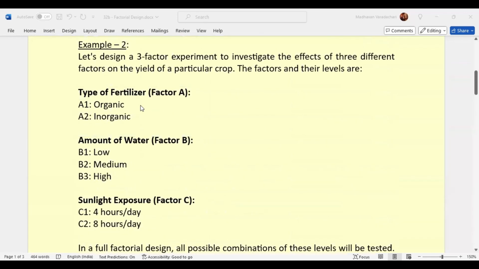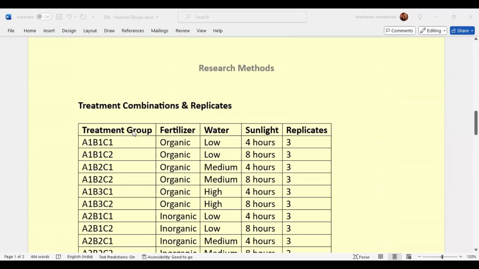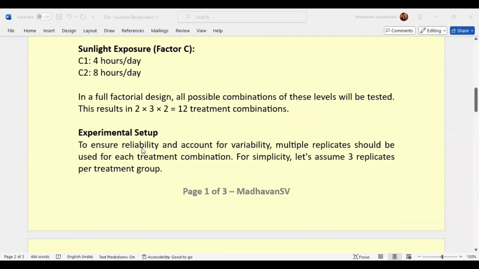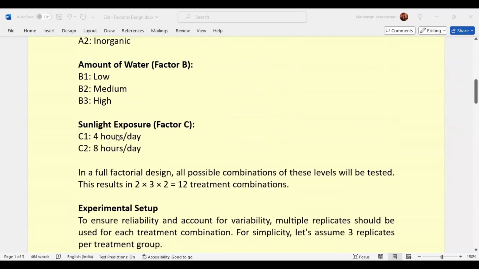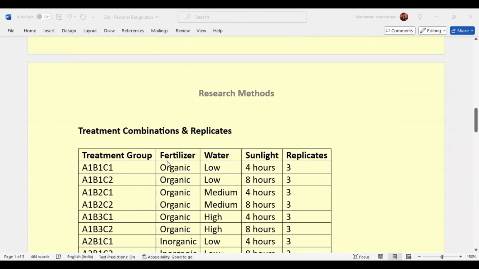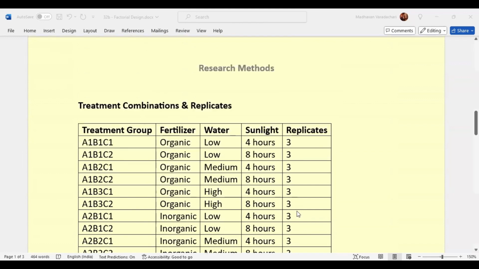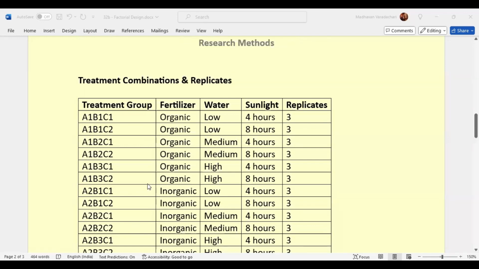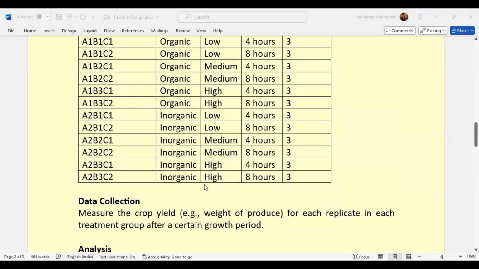That is our organic. So organic will come. B1 is low and C1 is 4 hours per day. So we are writing that organic, low, 4 hours per day. You are going to do 3 replicates of it. Likewise, against each of the treatment groups, you are expanding what exactly it is and writing it. So this is our treatment combinations and its replicates.